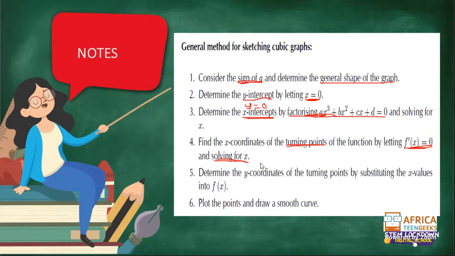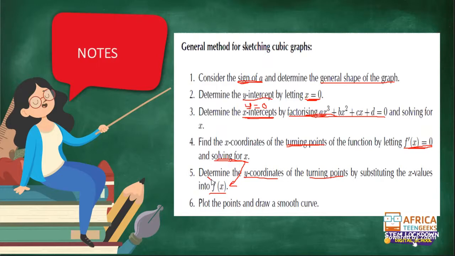Okay. And then to determine the y coordinates of the turning points, so you would have solved for x, you will substitute your value of x. So the value that you get after finding the derivative, you will substitute into the original equation.